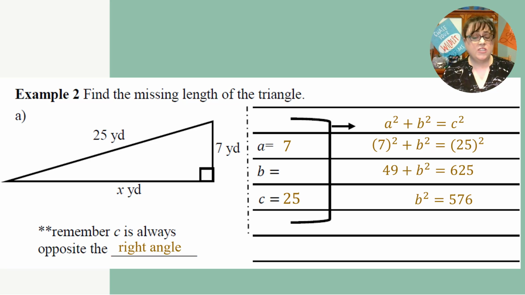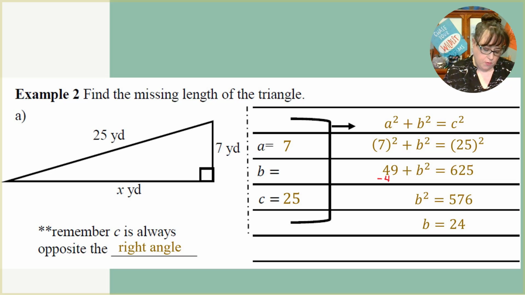So now you have to take the square root to get to 24. So let me write some of those pieces in for you if you're not sure how we got there. This was subtracting 49 off of both sides. And then I took the square root to get to 24.